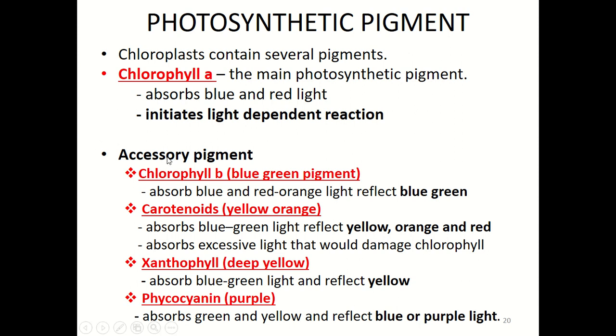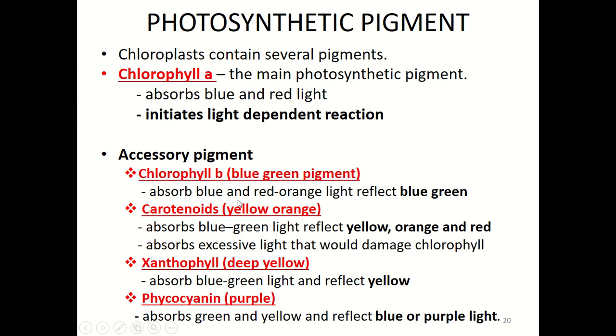Meanwhile, the other pigments are chlorophyll B, which absorbs blue, red, and red-orange light, and it will reflect blue-green color. Carotenoid absorbs blue-green color, thus it will reflect yellow, orange, and red color.